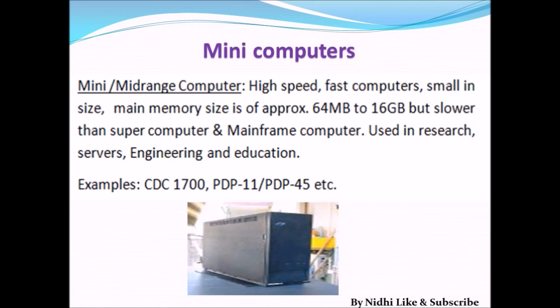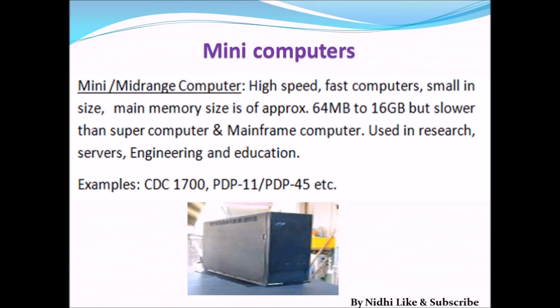It is mainly used in research work, for making servers, and in engineering and education departments. They occupy a size similar to a washing machine. Examples are CDC 1700, PDP 11, PDP 45, etc. These are the names of the systems only.